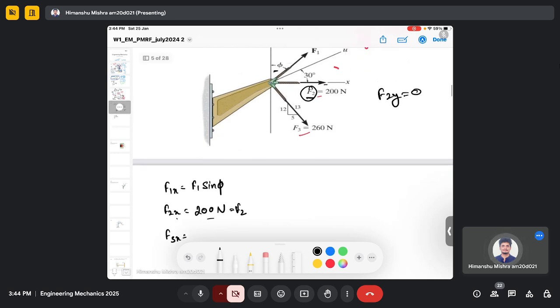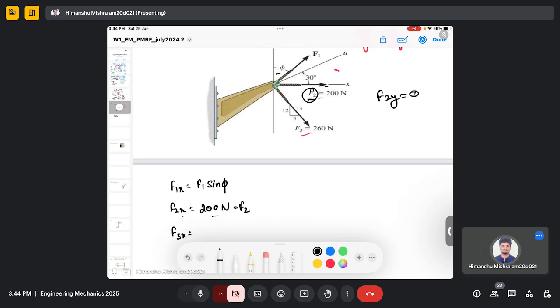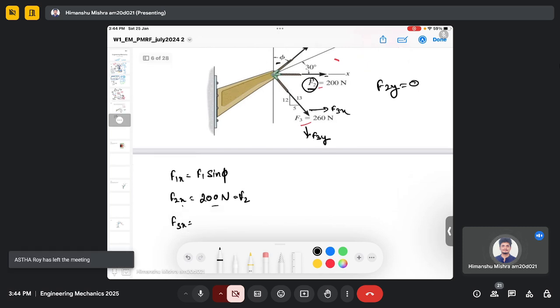And for the force F3 we have been given the triangle and its sides, so we can use the sides to calculate the components of F3. This will be the direction of F3x, and this will be the direction of F3y. Since we solved the last question, we know how to calculate F3x. It will be 260 times 5 by 13, a cosine ratio.